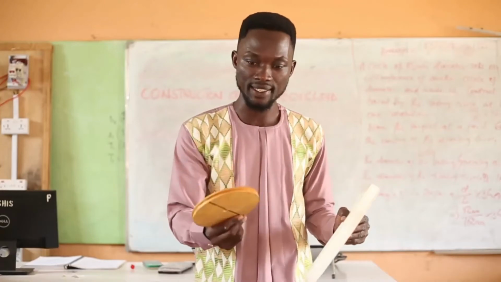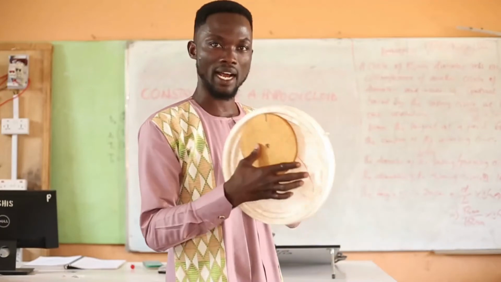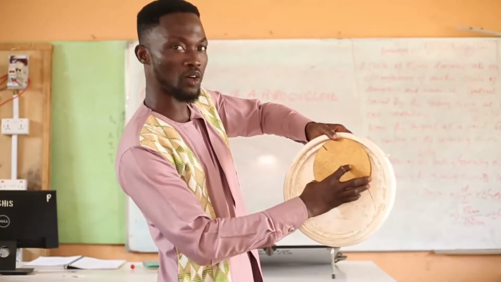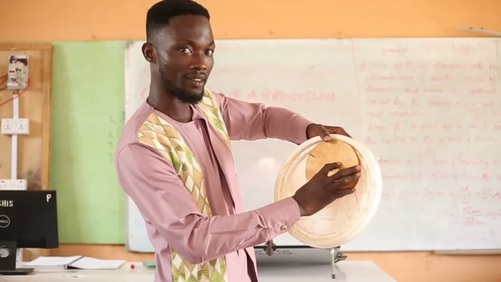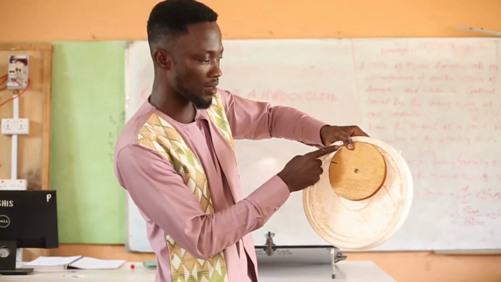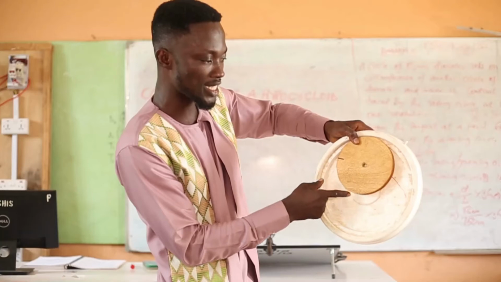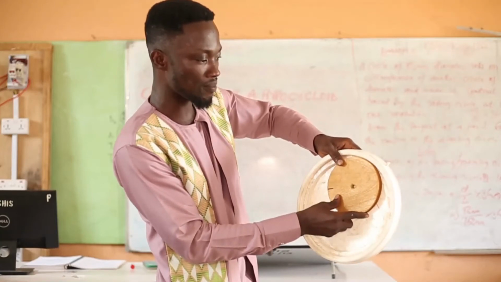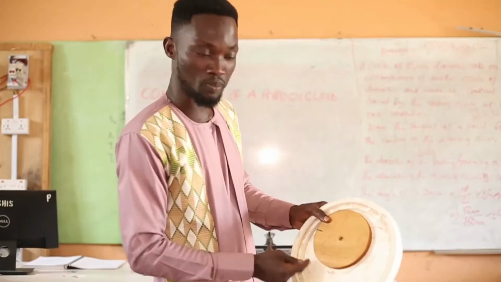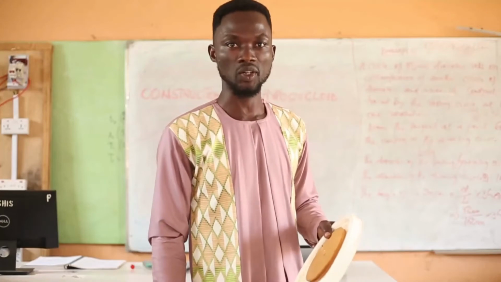If I place this circular object inside this bigger one and begin to roll this one in the anti-clockwise direction, this smaller object will create a certain circular shape at the end of one revolution, and that curve created by this smaller object inside another circular object is what we call a hypocycloid.